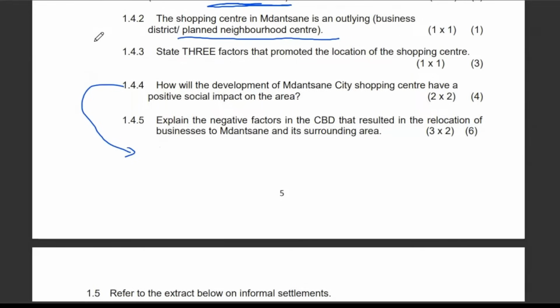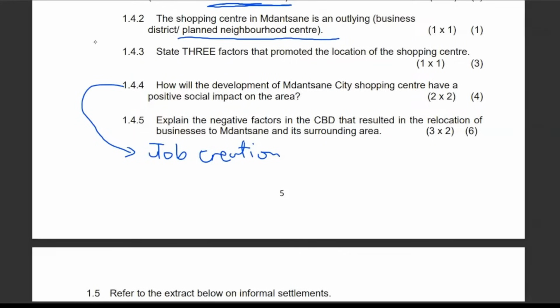So we can say because of that, there is job creation. People are going to benefit because there is job creation. Those businesses need people who are going to work for them, and automatically they are going to employ people in the vicinity. And people are going to benefit.